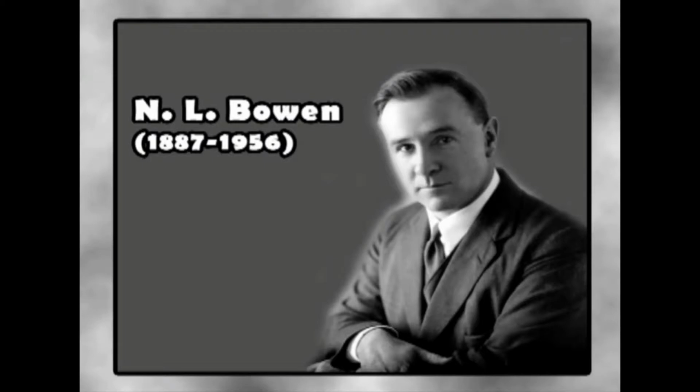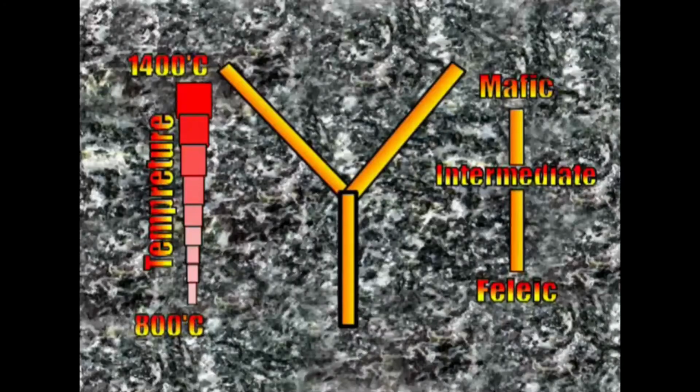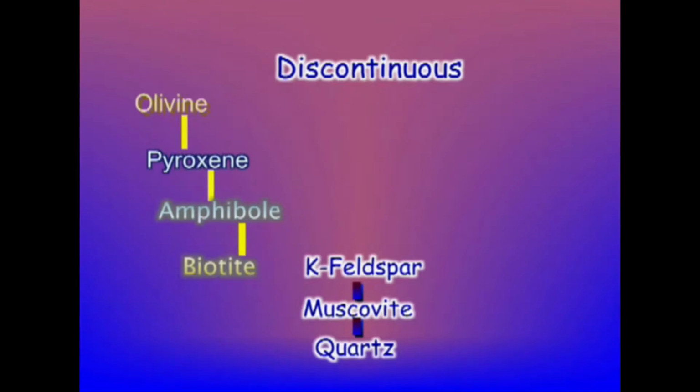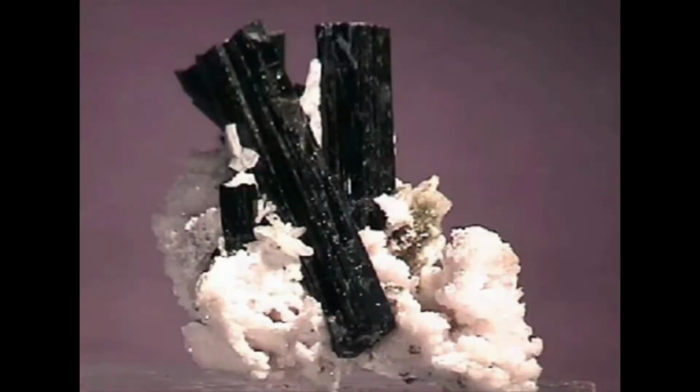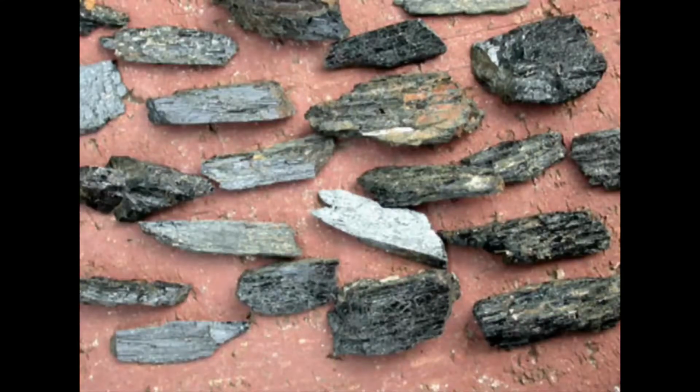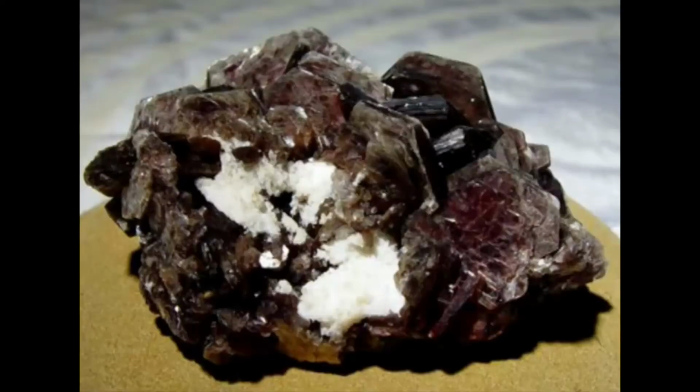Now we discuss in detail the discontinuous reaction series. On the left-hand side of Bowen's reaction series, there is a group of mafic, or iron-magnesium bearing, minerals: olivine, pyroxene, amphibole and biotite.